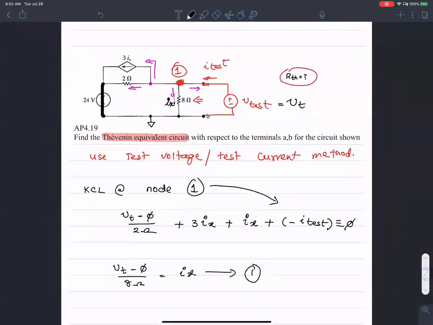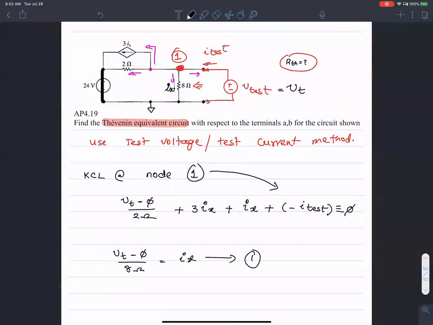Now I can plug in V test over 8 ohms in place of Ix.